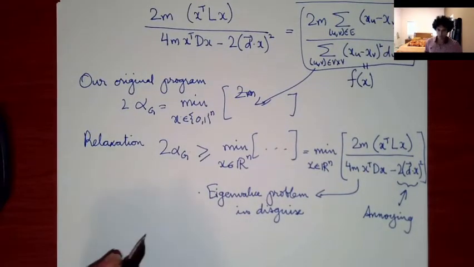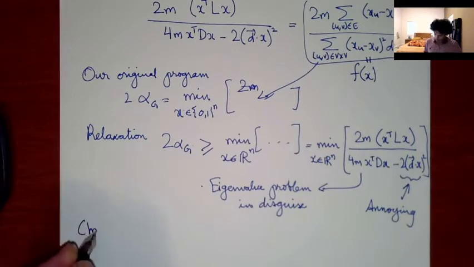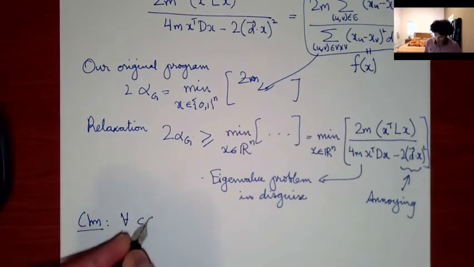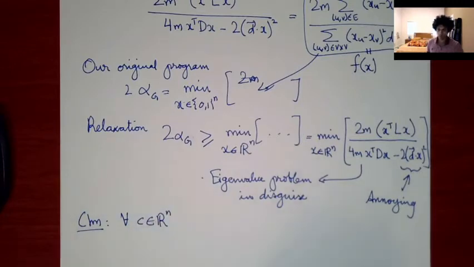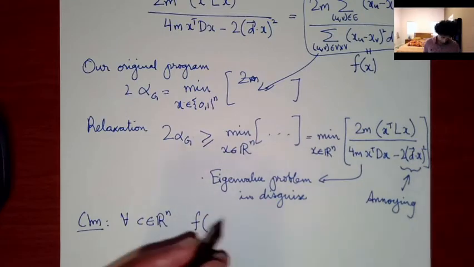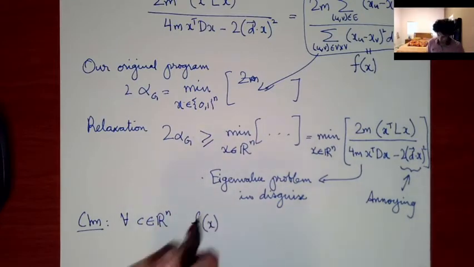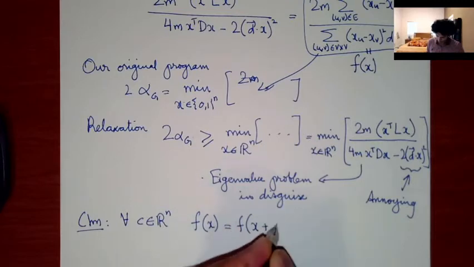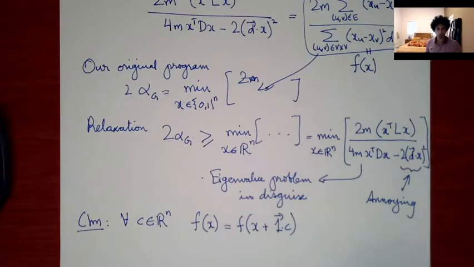So I'm going to state a small claim here, that for all constants c, f of x is equal to f of x plus 1 times c.